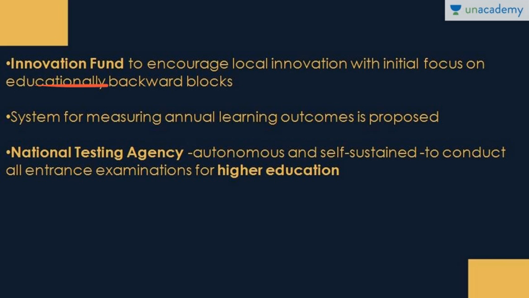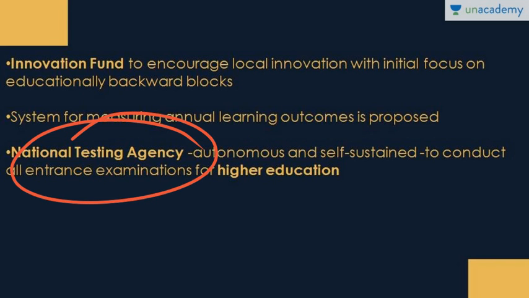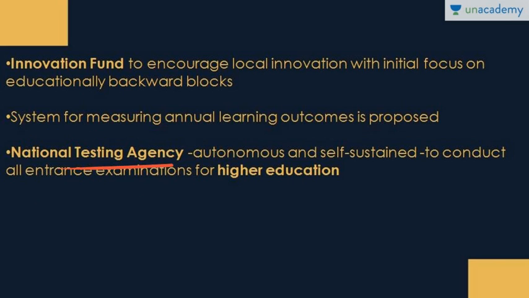Next, we have an innovation fund which will particularly help the educationally backward blocks. Then learning outcomes would be codified, which was a big problem at the primary schooling level. Then we have a national testing agency, about which we already did in PIB once before. The national testing agency will take away the role of conducting tests from institutes such as CBSE, and this is mainly for higher education based tests.